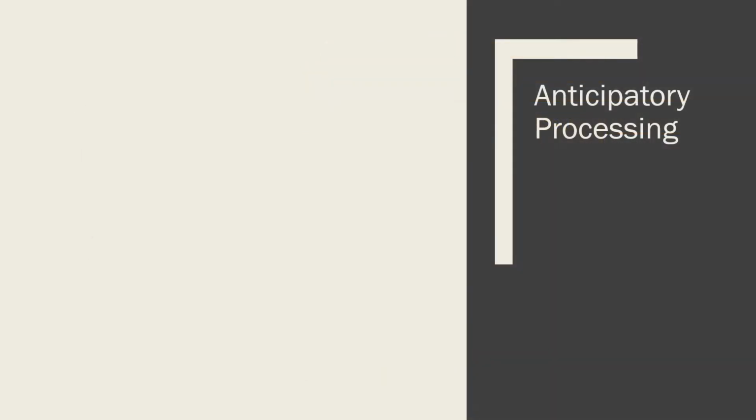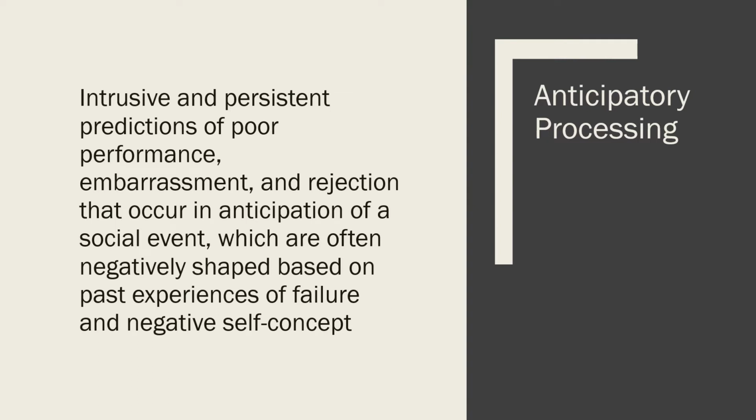Anticipatory processing is intrusive and persistent predictions of poor performance, embarrassment, and rejection that occur in anticipation of a social event, often by people with social anxiety disorder, and which are often negatively shaped by past experiences of failure and negative self-concept.